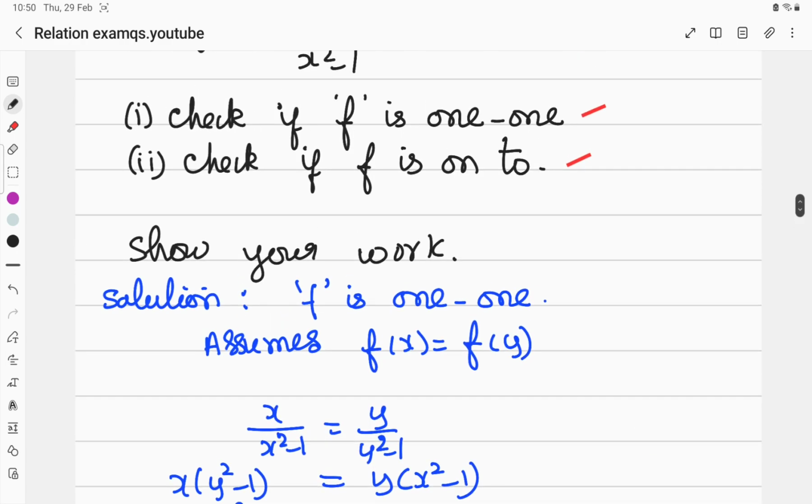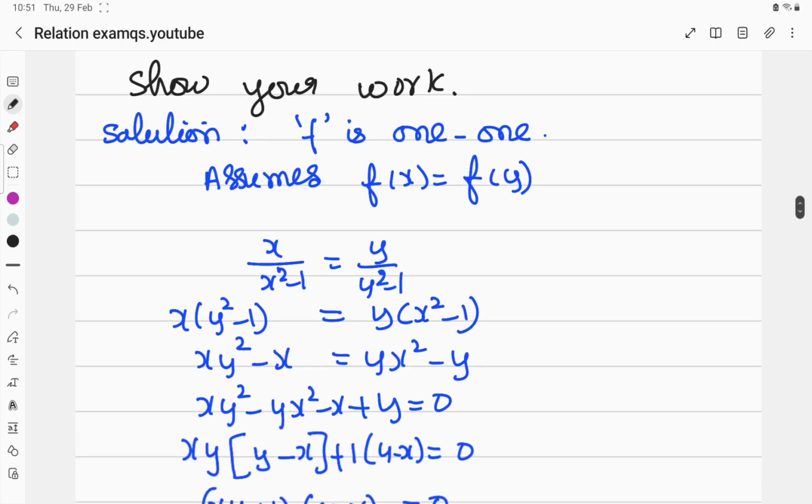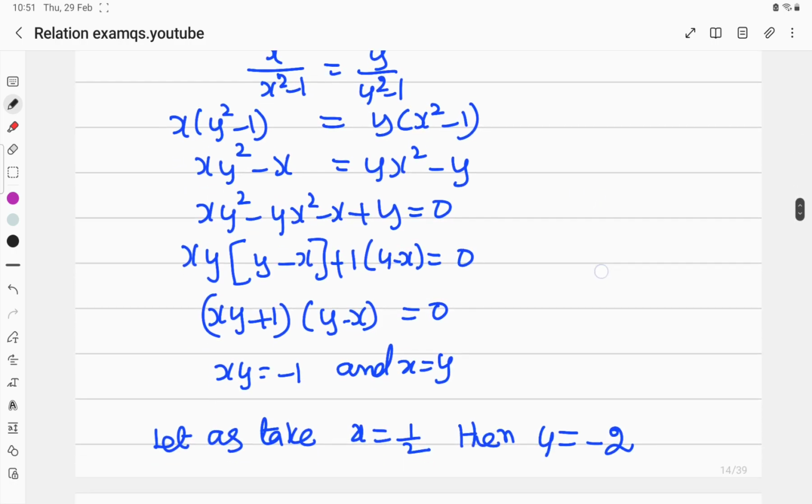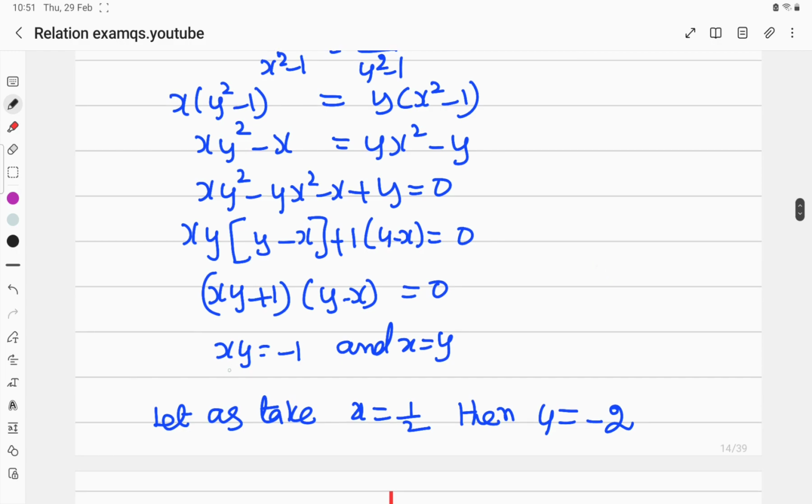To show f is one-one, we have to prove that f(x) = f(y) implies x = y. Assume f(x) = f(y). Let x/(x² - 1) = y/(y² - 1). Cross multiplying and rearranging, we get xy = -1 and x = y.